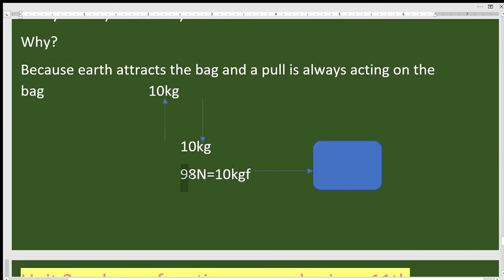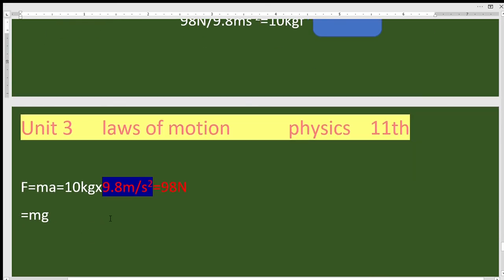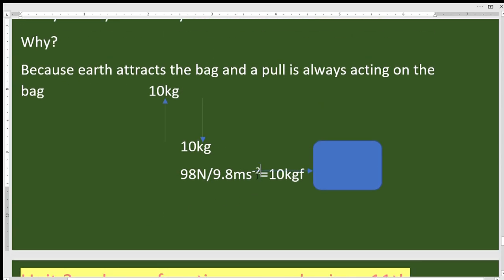Therefore you divide this 98 newton by 9.8 meter per second square. If you divide this 98 newton by 9.8, you will get 10 kgf. So this is kilogram force. This is how you make it equivalent, by dividing by 9.8 meter per second square.